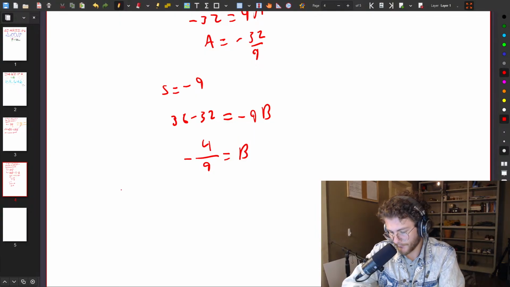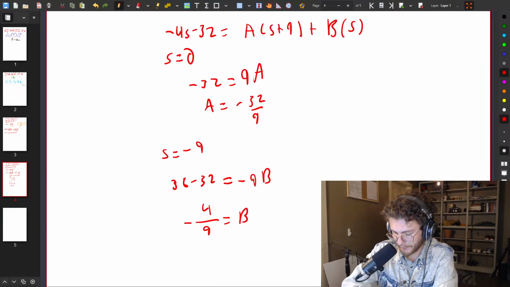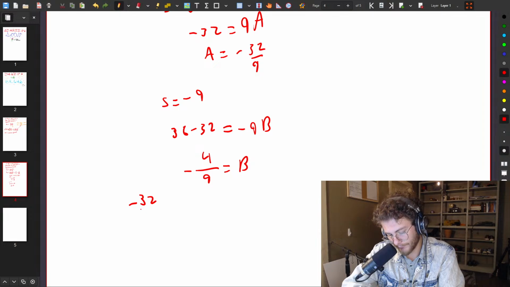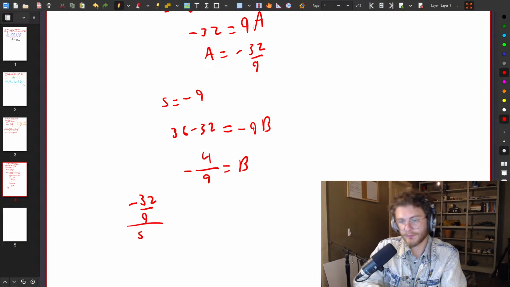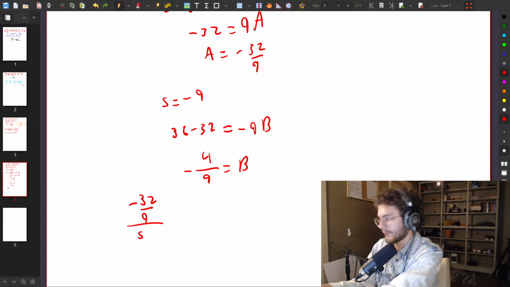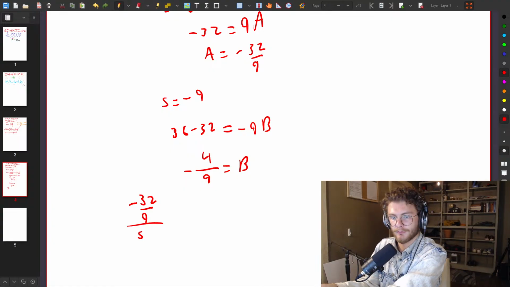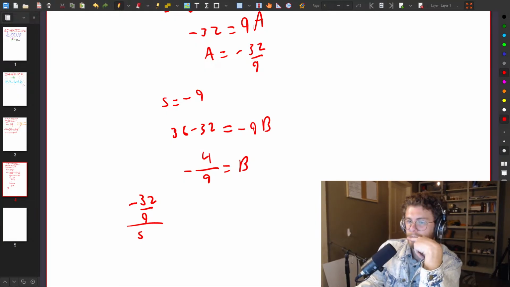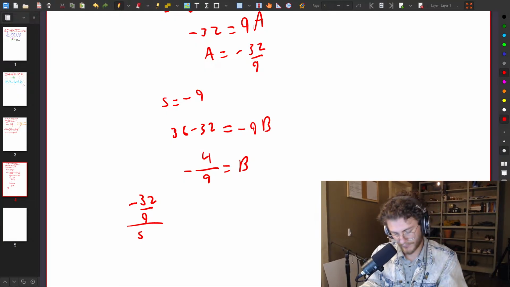So now that we know what a and b are, we can say that it is fully expressible as negative 32 over 9 over s. So let's just double check that that's what that is. Negative 32 over 9 over s, which is correct.